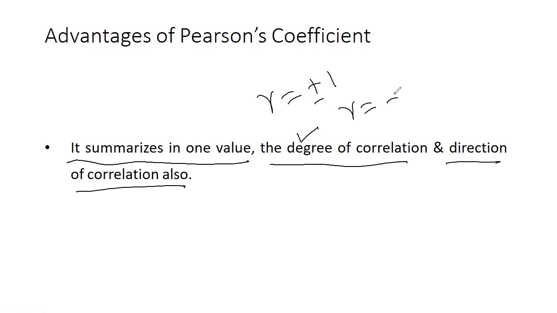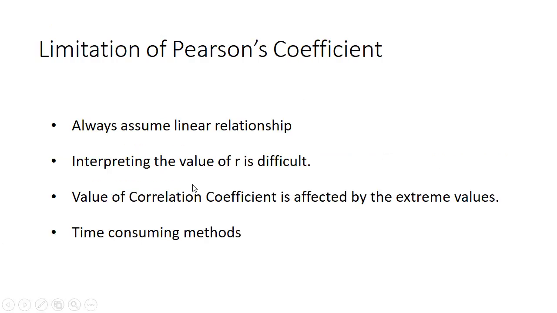If its value is near to 1, it is positively highly related. If its value is minus, then there is a high degree of negative correlation. Direction means sign. If the sign is positive, there is positive correlation. If it is a negative sign, there is an inverse or opposite direction.